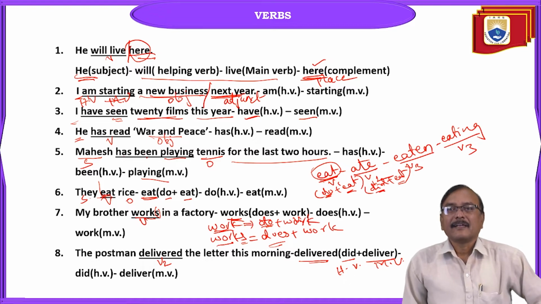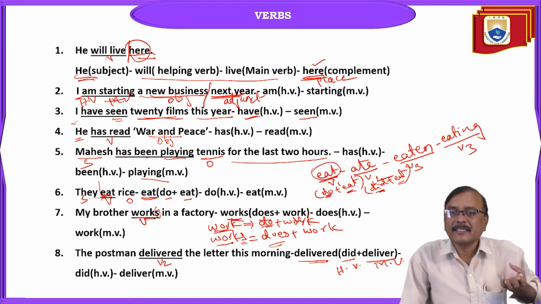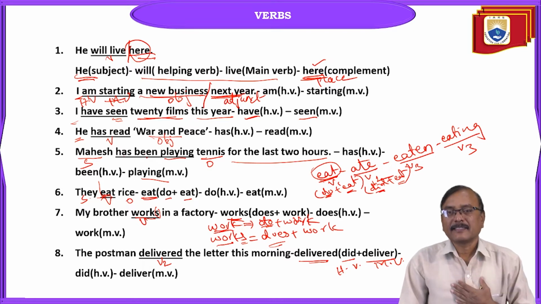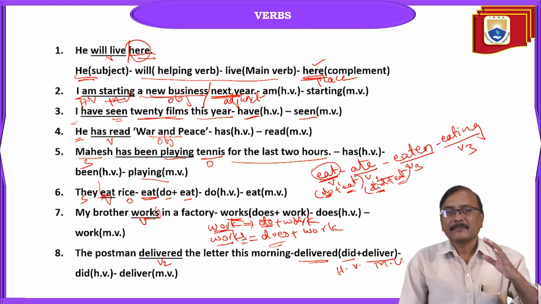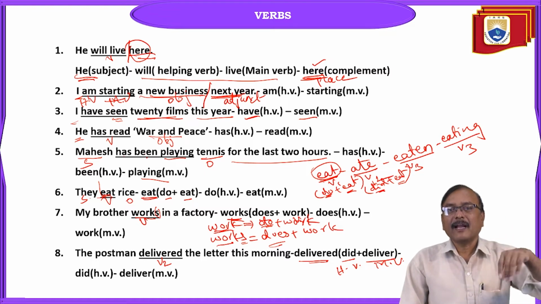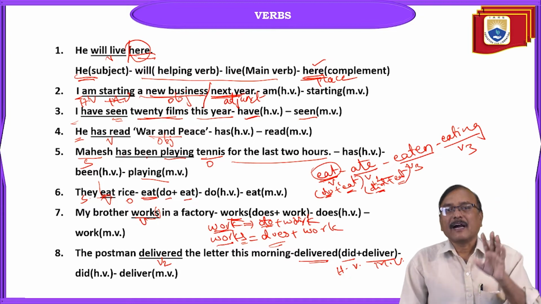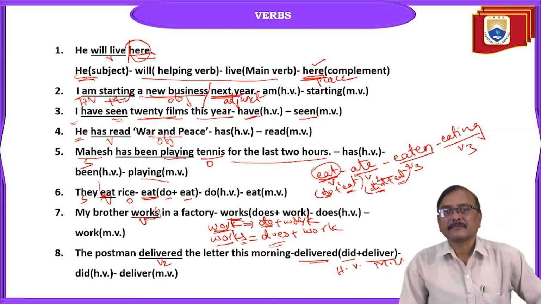Now let us see, what is the tense actually? Tense indicates the period of the action, whether the action takes place at present, happened in the past, or will happen in future. If it happens always, we say it is in present tense.